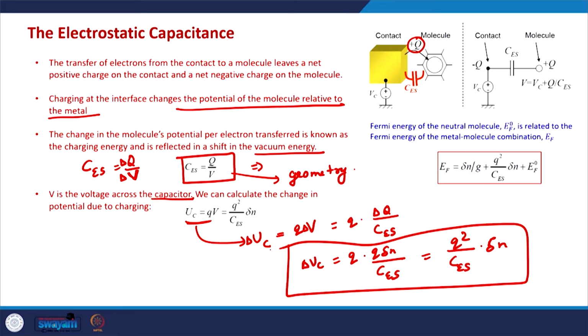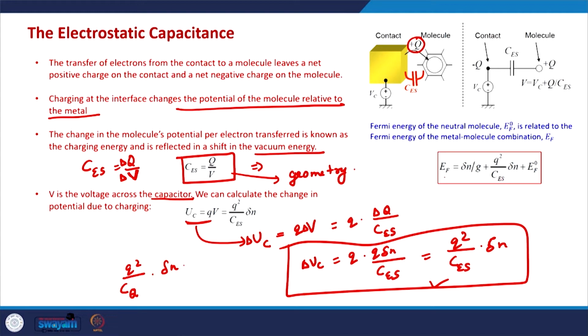So if you please remember the previous part, the change in the Fermi level due to the change in the number of electrons is q square divided by the quantum capacitance times delta n, and this is due to the electrostatic part. So the total change will be given by the sum of these two components.